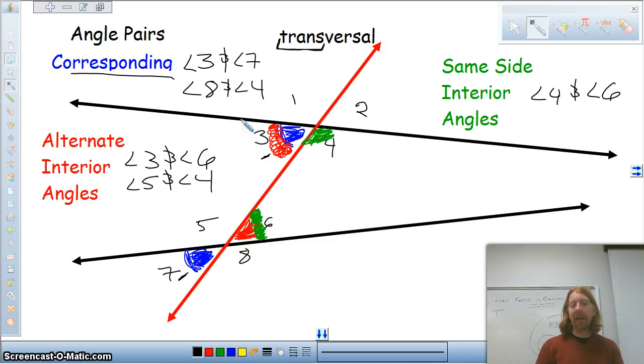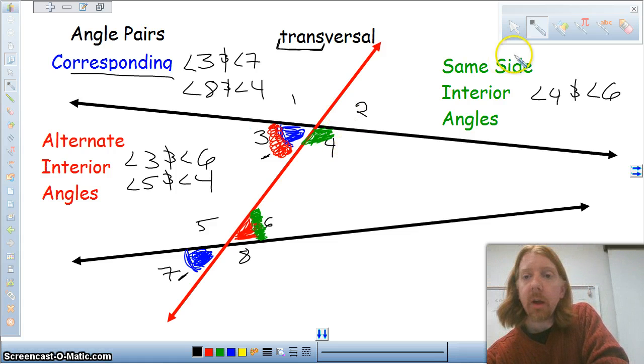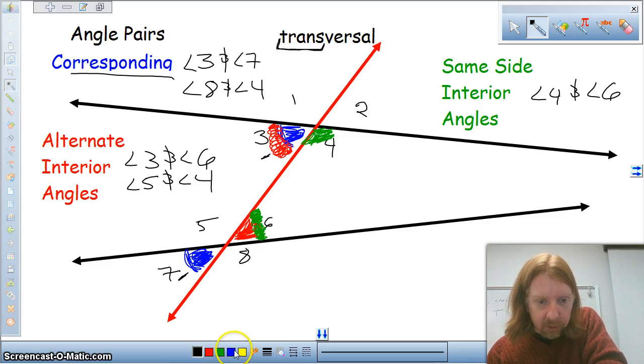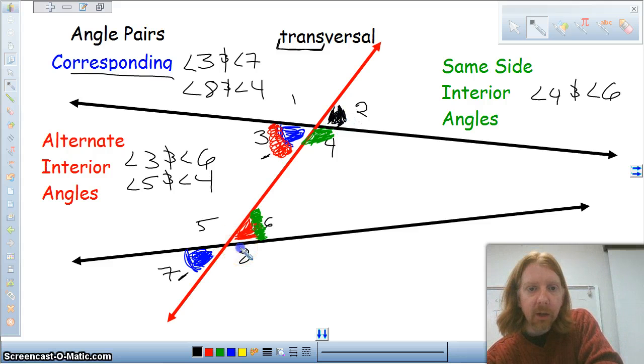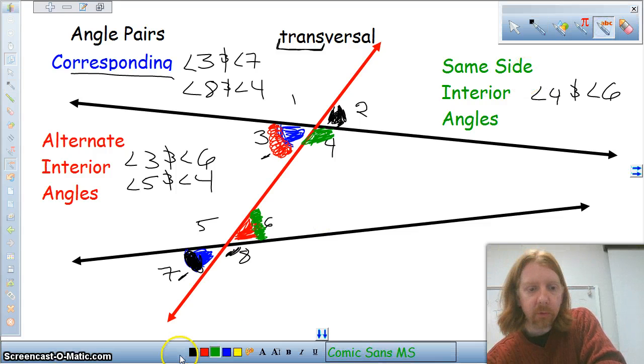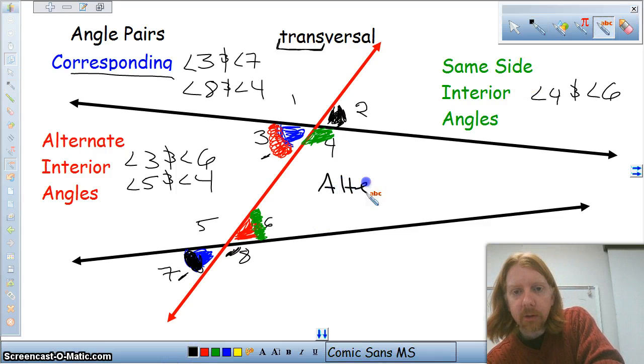The last kind of angle pair you need to know, let's see if I have one more another color, I'm going to have to use black for this one, is going to be something like angle 2 and angle 7. We call those alternate exterior angles.